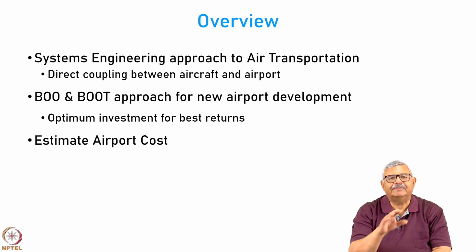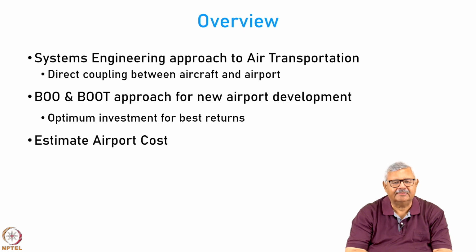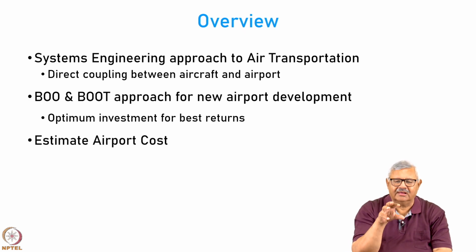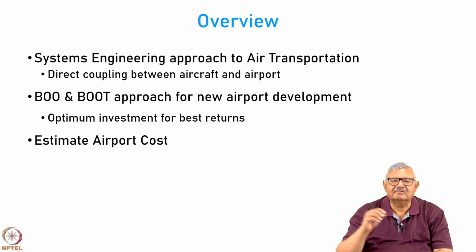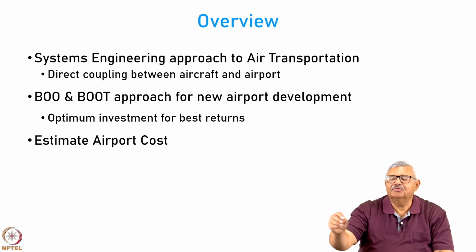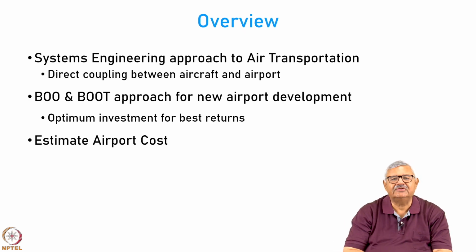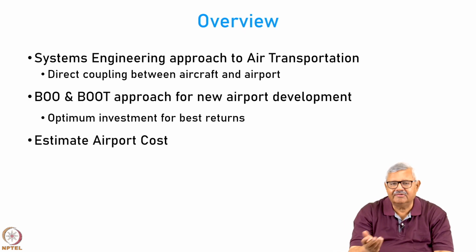Now, what is the purpose of this model? The purpose of this model is that assume that there is one existing established air transportation hub, say Mumbai or Delhi. Now, we want to start services at a new location which has a potential for air travel but does not have an airport.